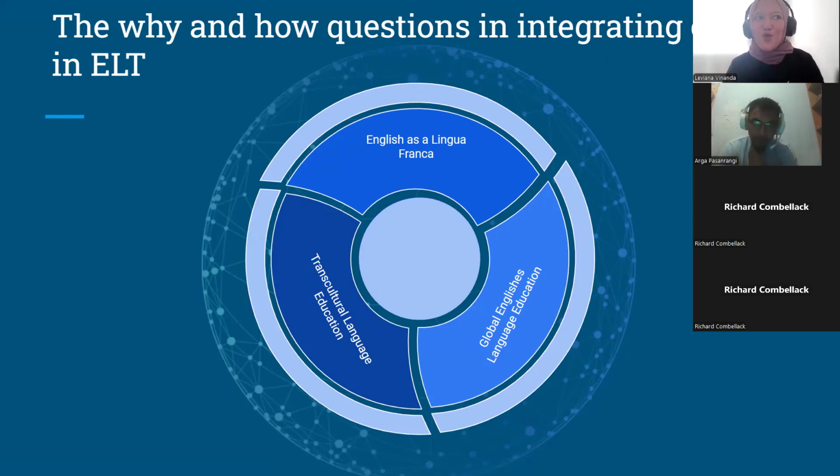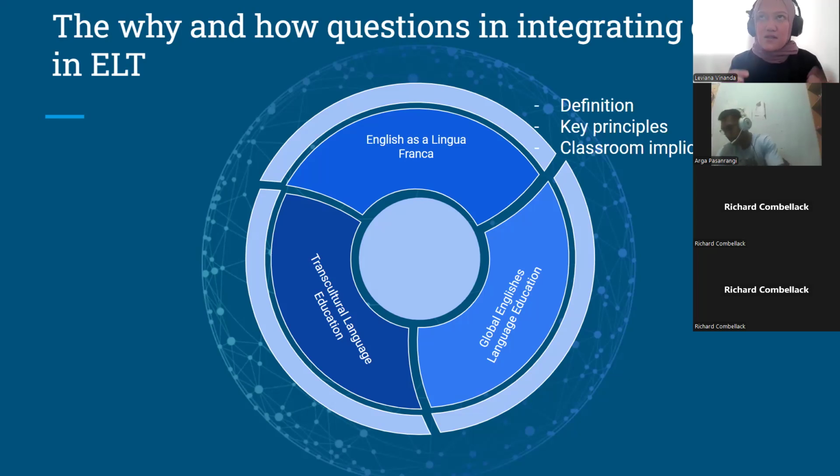I myself was not familiar with this until a few years back. We are going to go through them, and we are going to use them as an avenue to understand why and how it is relevant and important to integrate culture in our practice. I'm going through some of the definitions and key principles really quickly, and then we are going to look at the classroom implications.